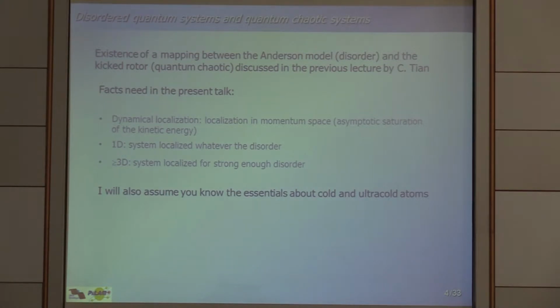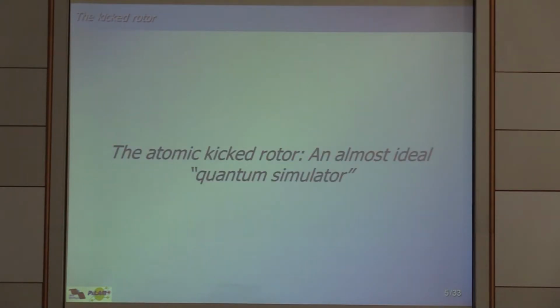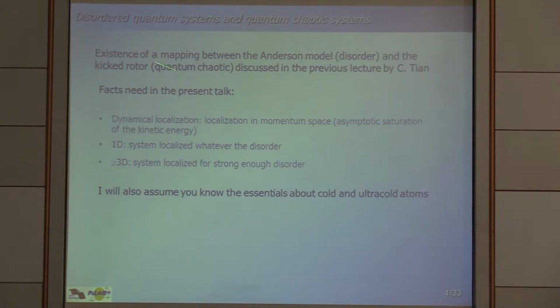I will just assume that you remember these points: dynamical localization, which happens in the kicked rotor, is localization in momentum space, not in real space. It corresponds to an asymptotic in time saturation of the kinetic energy of the system.